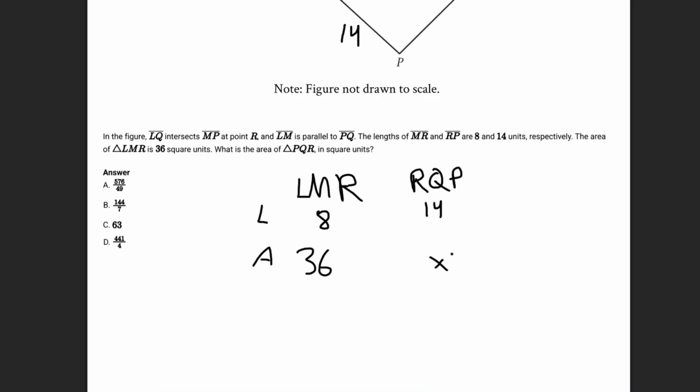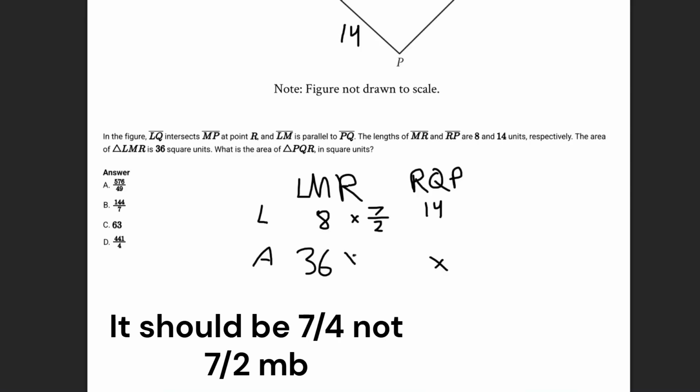We do the same thing we did in an earlier question: what number times 8 would give you 14? It would be 14 over 8, which simplifies to 7 over 2. Then we need a factor to multiply the area by. We can't use that because the area is in units squared, so we square it.